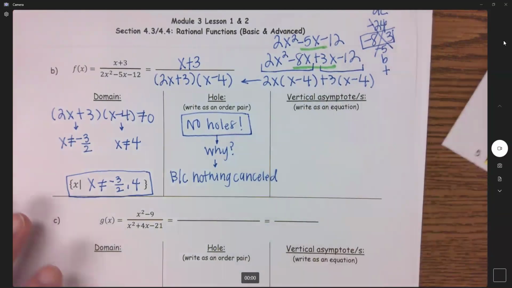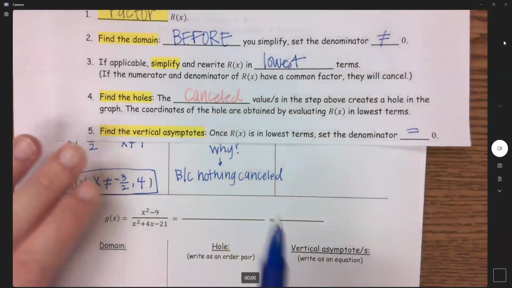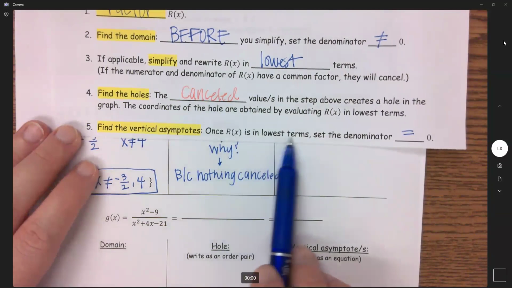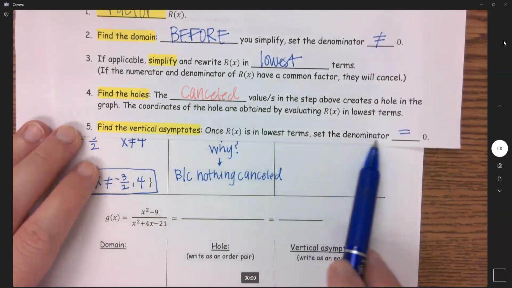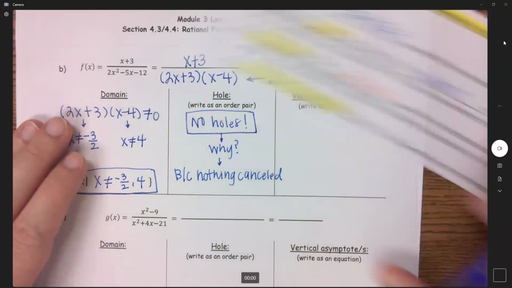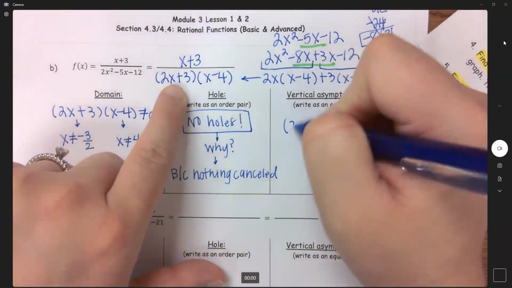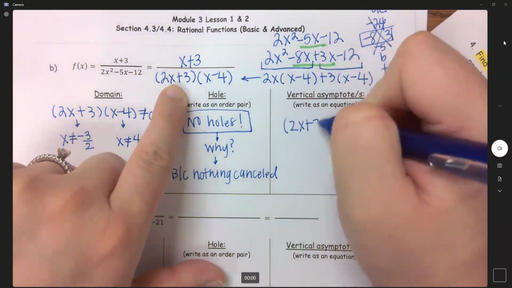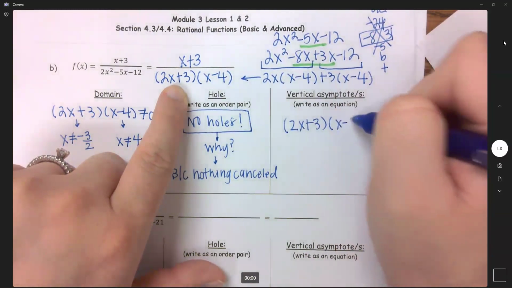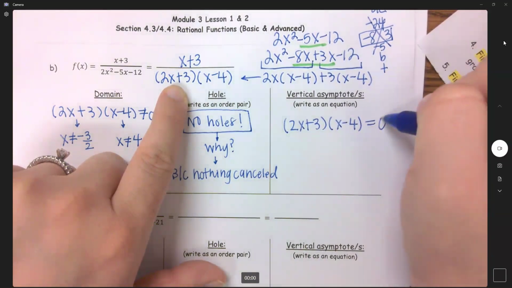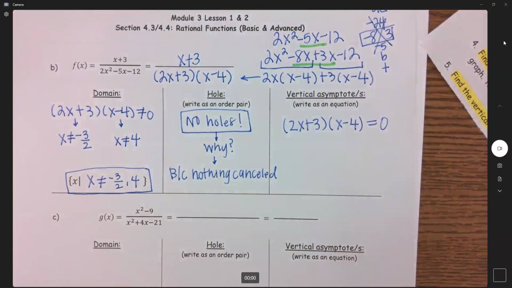Okay, so now vertical asymptotes is our last step. Once r of x is in lowest terms, set the denominator to equal 0. So this looks almost identical to this because nothing canceled. But instead of doesn't equal, now it equals.